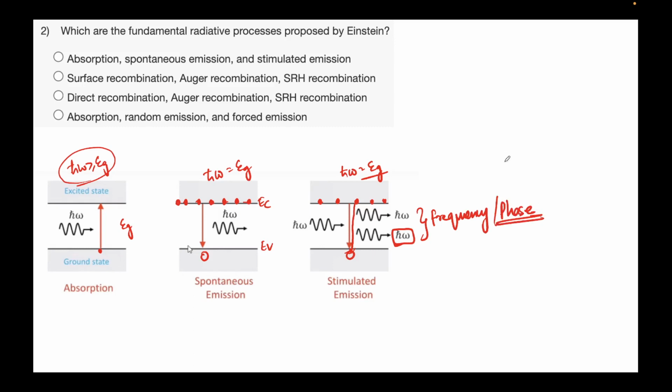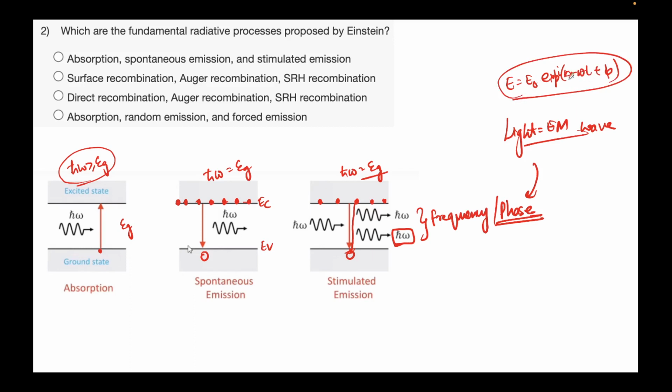So how does this come into the picture? Please remember that light is an electromagnetic wave, so there you have the phase component. If I write the expression, you must have read something like exponential i(kx minus omega t plus phi).